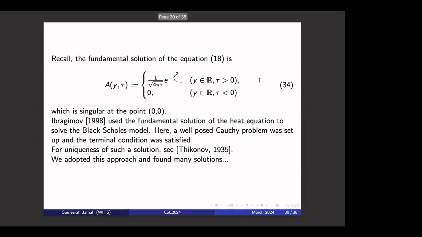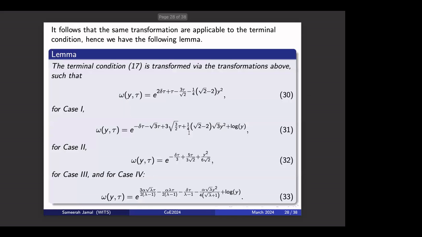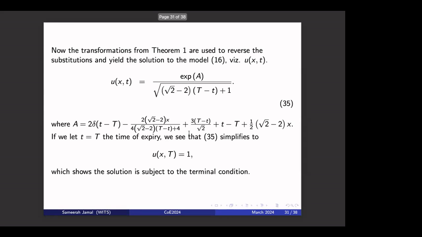Basically, we set up a Cauchy problem involving the fundamental solution and the lemma from here as well. We're able to solve this Cauchy problem and obtain solution 35. And obviously, if you let t equal the time of expiry, capital T, and plug this into the solution, you would find that u equals 1, which shows that your solution is subject to the terminal condition.